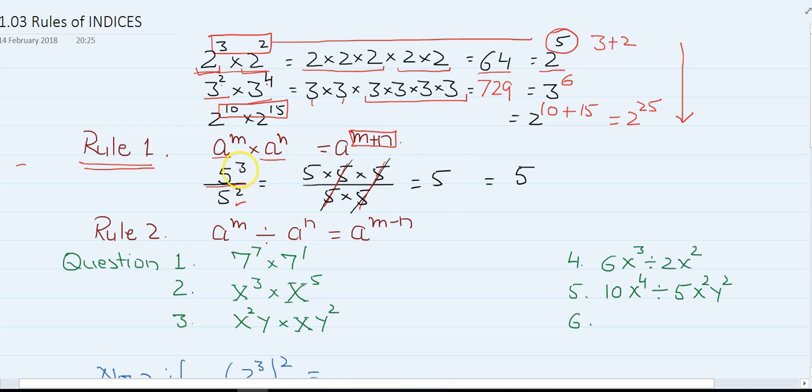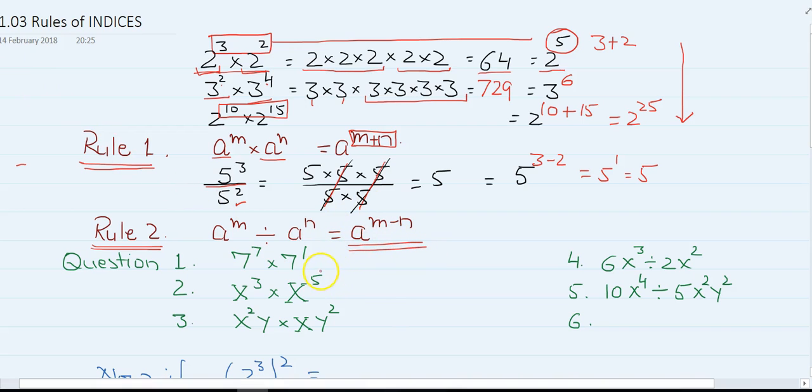In another way, we can write this as 5 to the power 3 minus 2, that is 5 to the power 1, so it is 5. So that is rule number 2. It states that a to the power m divided by a to the power n is equal to a to the power m minus n.